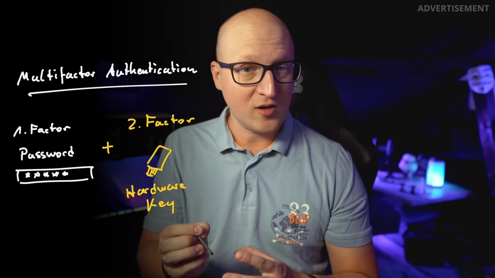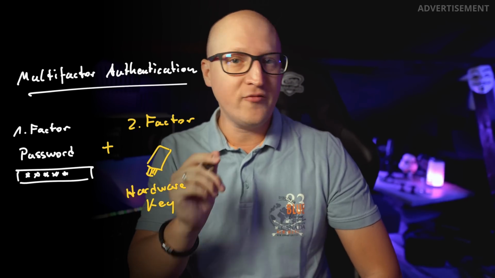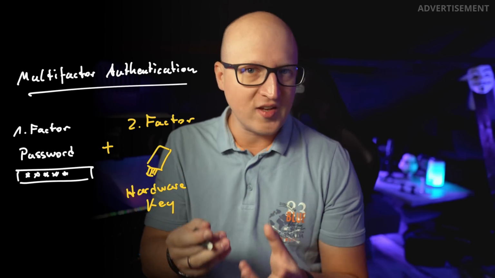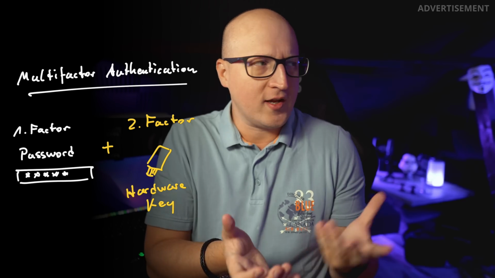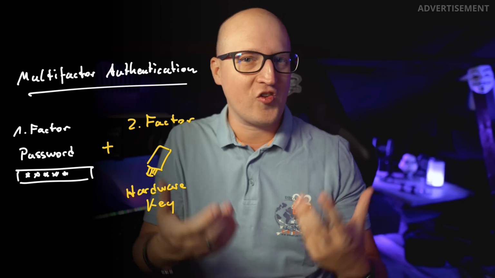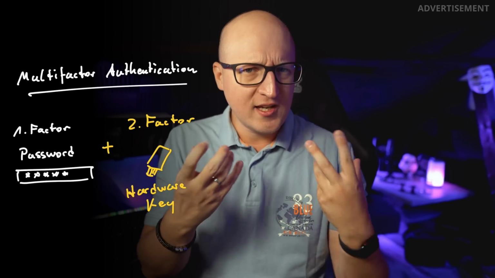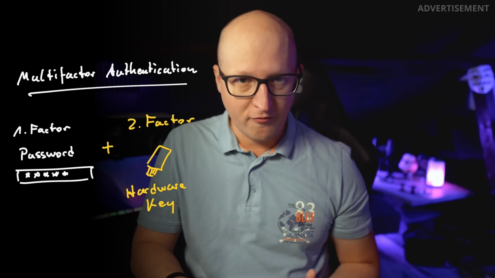Some you can even protect with biometric information like your fingerprint. Without this key, even if somebody steals your password, he's not able to log in because he's missing the second factor. So this gives you much better security than just using a password, and it also allows you to even disable it, because why should we use a potentially insecure factor like a password if we already have a stronger way of authentication?